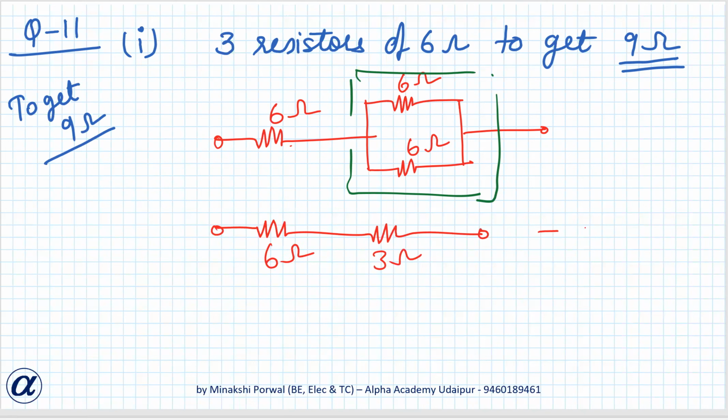This way we'll get 9 ohm. So this is the answer: two 6 ohm resistors in parallel and one 6 ohm in series with it.